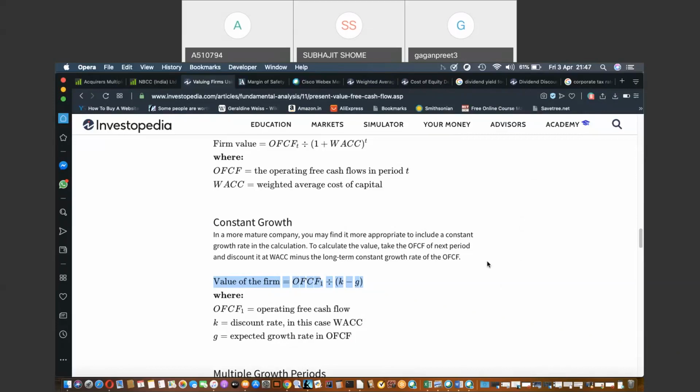So now you calculate intrinsic value is equal to 439 divided by denominator 0.0675. Tell me what is the intrinsic value now? 6503.70.